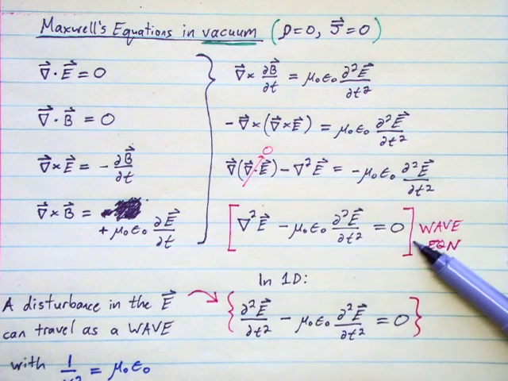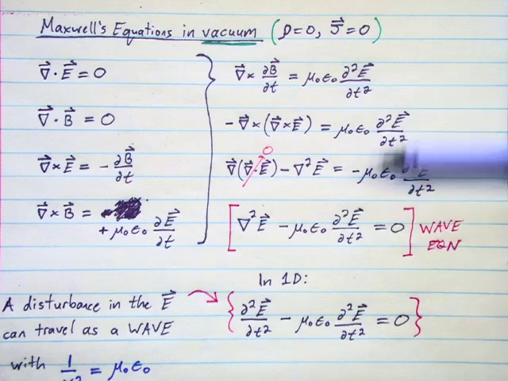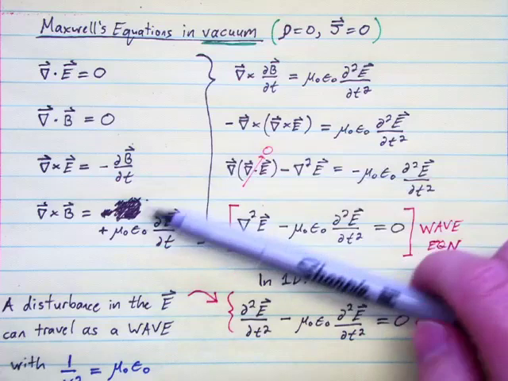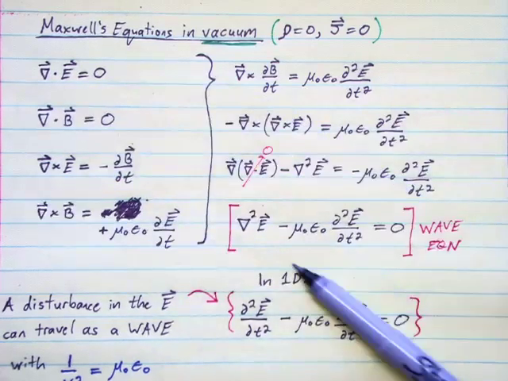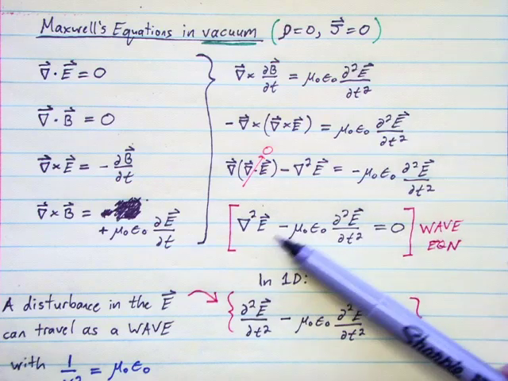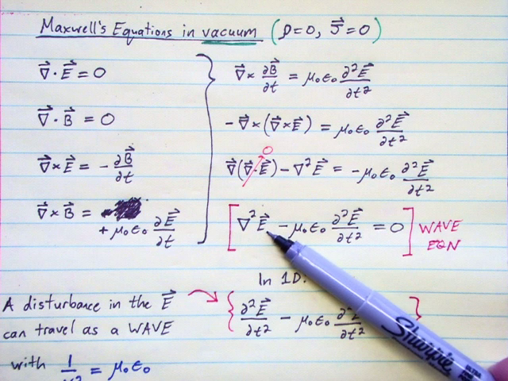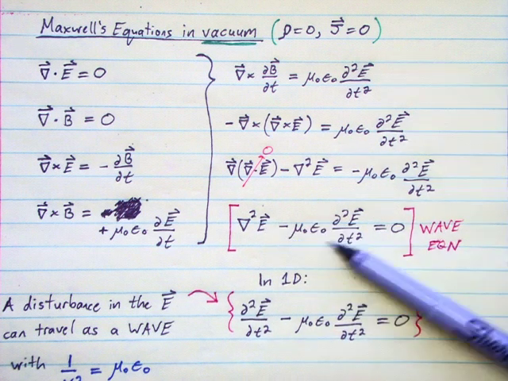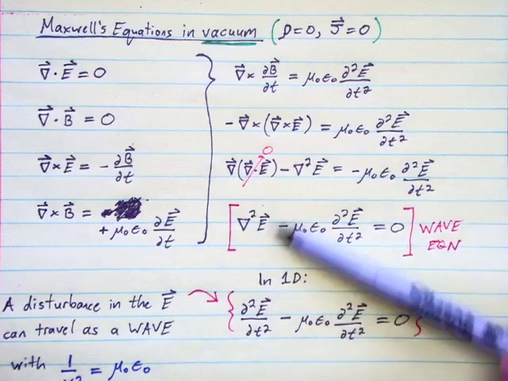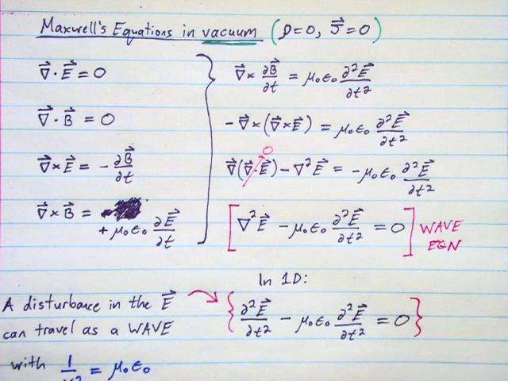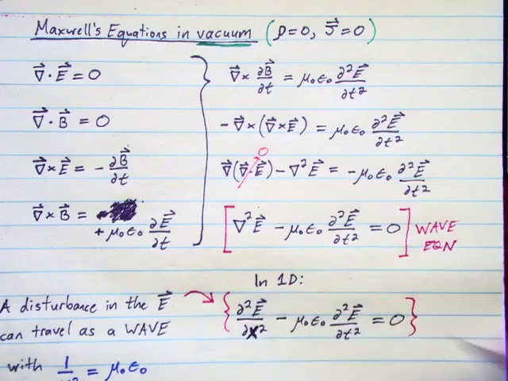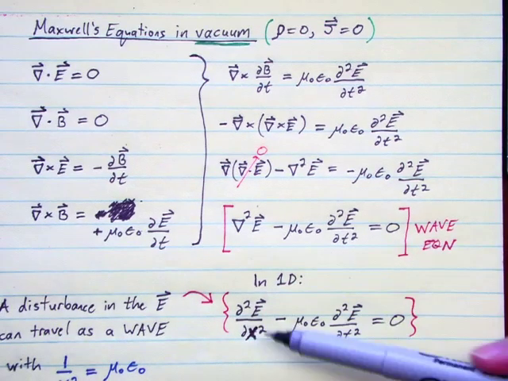This is the form of a wave equation. I've just done some algebra here to show that Maxwell's equations are equivalent to a wave equation. It's suggesting that the electric field can exhibit wave-like behavior. To be even clearer, if we reduce to just one dimension here, then this Laplacian can be replaced with the second position derivative, d squared E dx squared.